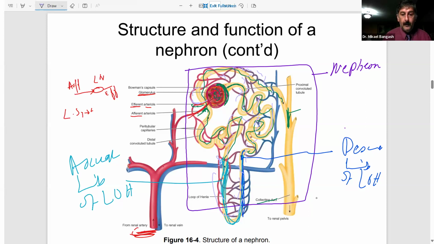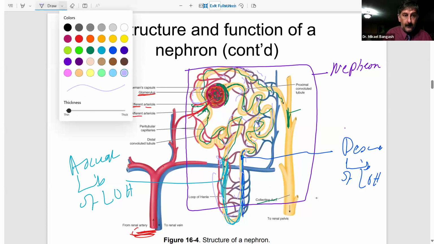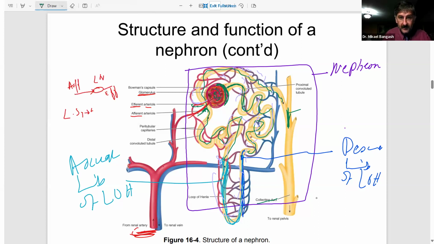And what is going to be carried in this tubular system? Pretty much what at the Bowman's capsule started its journey as filtrate.